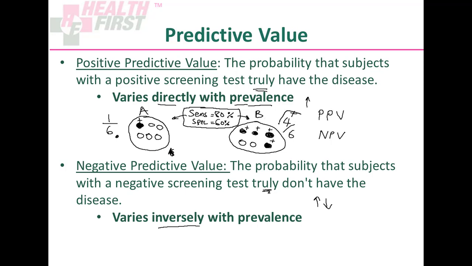Just by sheer numbers, it's more likely to be true than the positive test in population A. Why? Because you have more positive patients, high prevalence in population B. So the value of that test, its predictive ability, will definitely increase in population B.